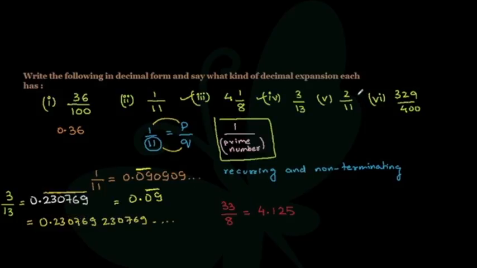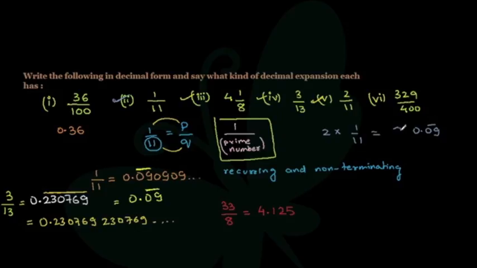Okay, and let's look at the fifth one, which is 2 upon 11. You can easily relate this with the second problem that we discussed, 1 upon 11. Basically this one is nothing but 2 times 1 upon 11. We know that 1 upon 11 is 0.09 bar.